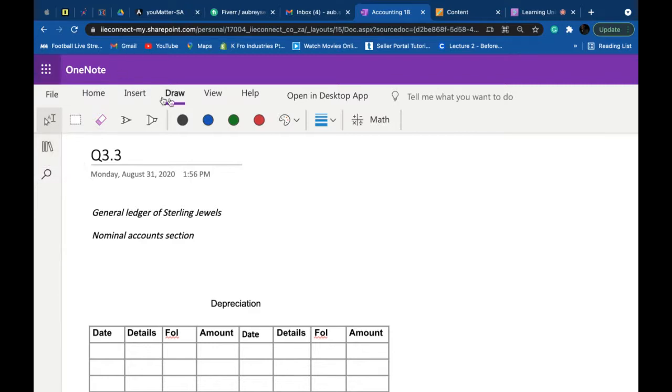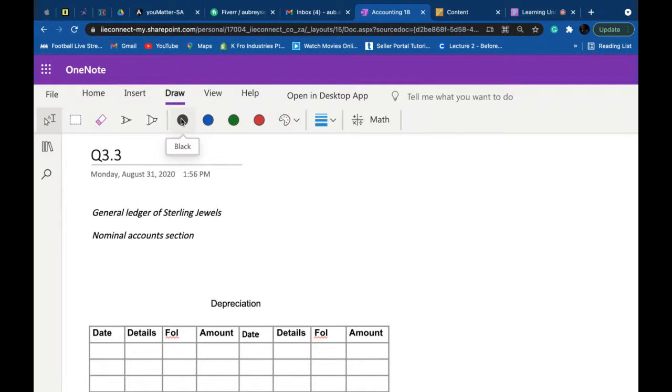Okay, so first things first, let's read what's going on there. Sterling Jewels, CC, a registered VAT vendor, bought a non-passenger vehicle for 288,144 Rand including VAT, on 31 May 2008. It was decided to depreciate all non-current assets at 33 and 1/3% per annum according to the diminishing balance method.